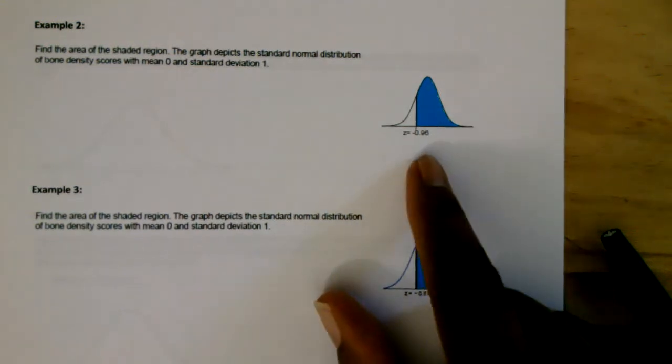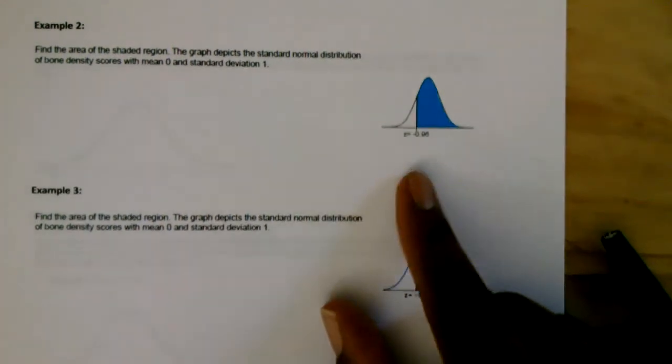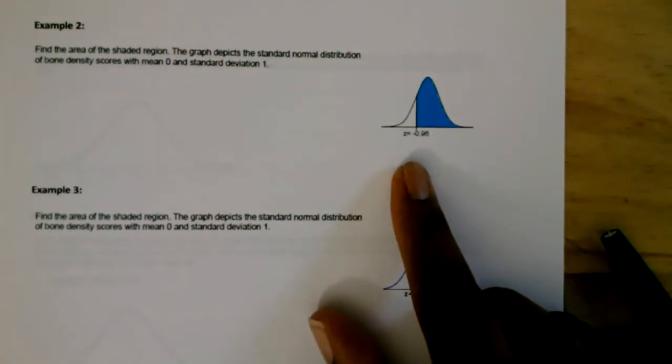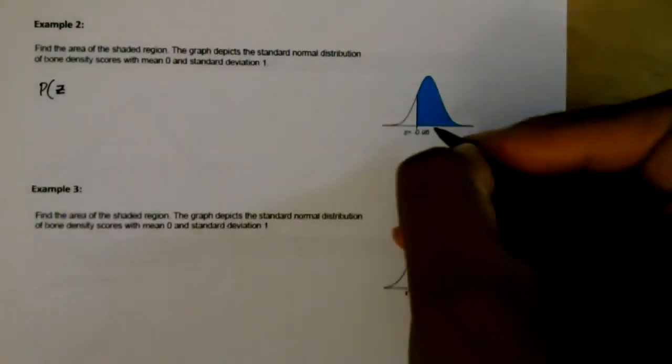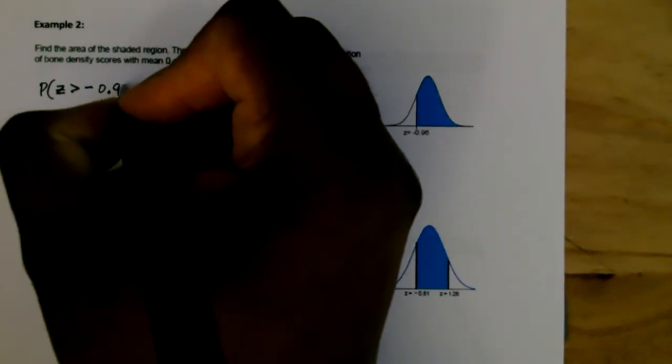In this case, your Z value is negative 0.96. Oh, and it's negative. So we're finding the probability that Z, shaded to the right, means greater than negative 0.96.